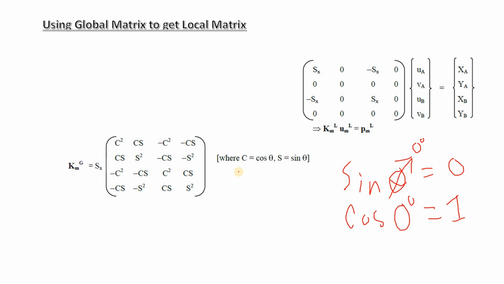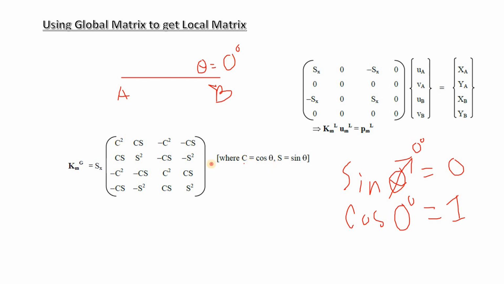So when the member is in local axis, this is the AB member, and when this member is in local axis, the theta value is going to be 0 degrees. Right? The theta value is going to be 0 degrees.